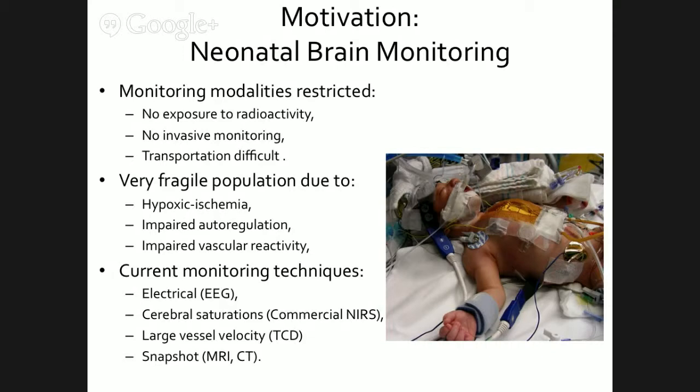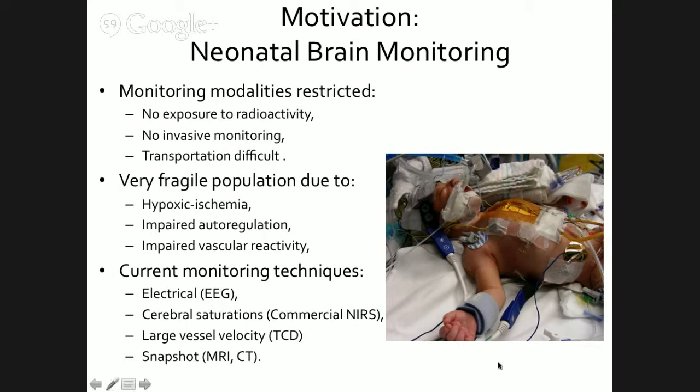People also use Doppler ultrasound to look at macrovasculature, but again, you're limited to looking at the brain on a large scale, and we really want to know what's going on at the microvasculature level. And then there are times when it's necessary to take the baby to an MRI or CT scanner, but you just get a snapshot in time, and as soon as they leave the scanner, we don't know what's going on.